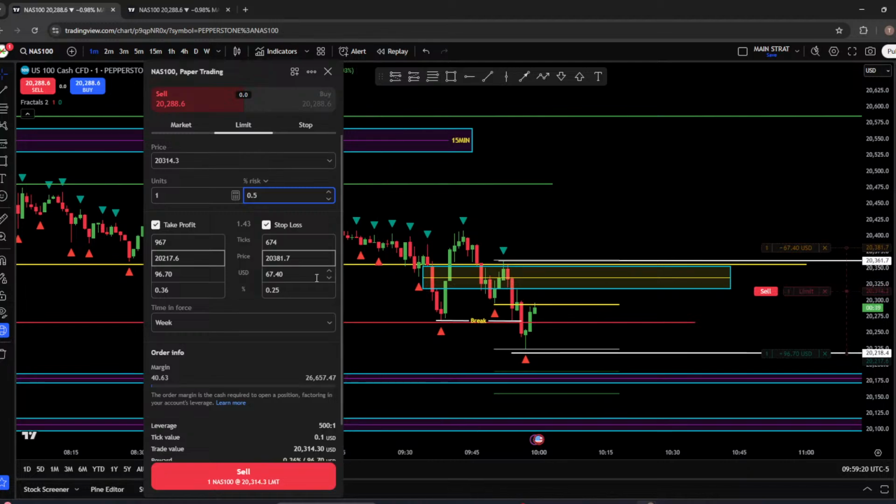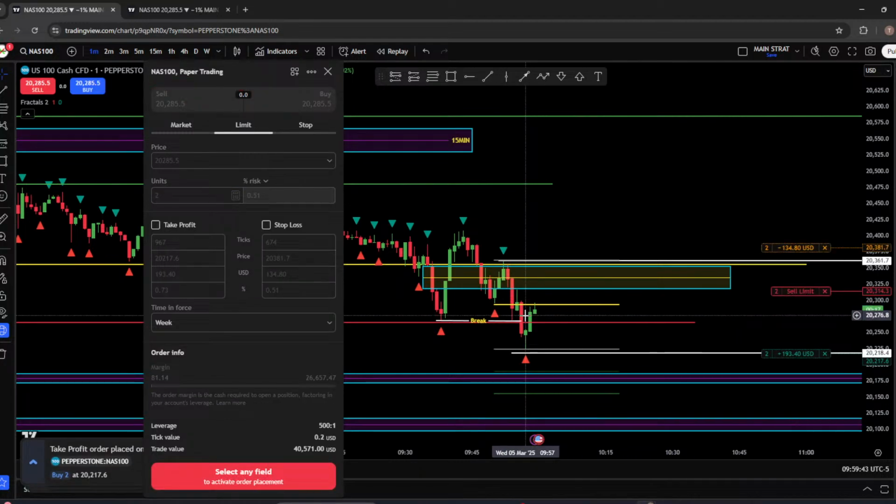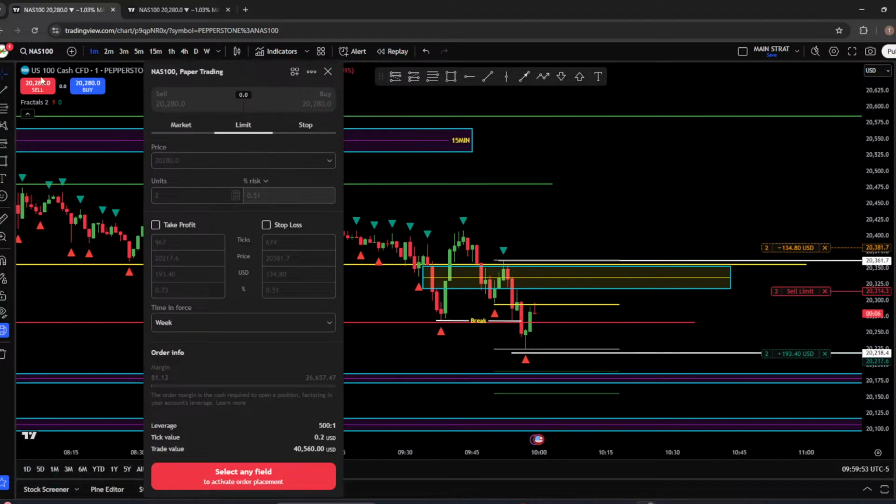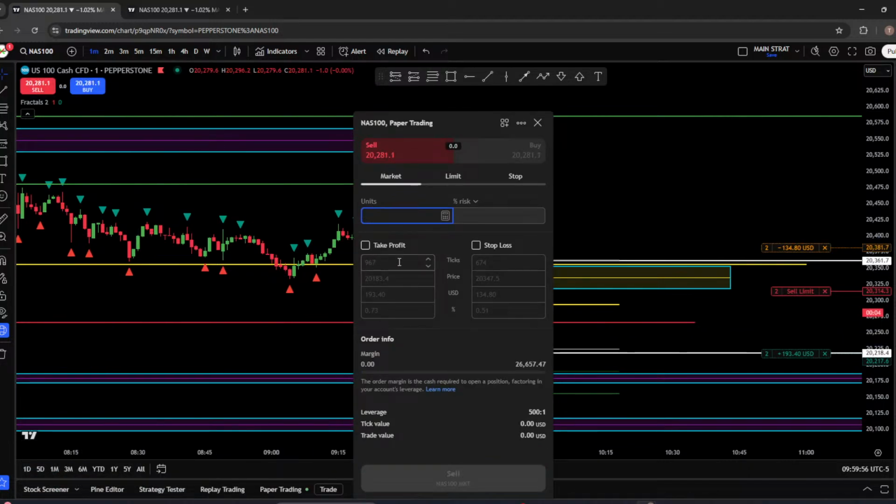Since we lost the last one, I have to reduce my stop or my risk. It's like to sell 2 though. There we go. We'll do 1. Go ahead and take a sell. Just 1 here.